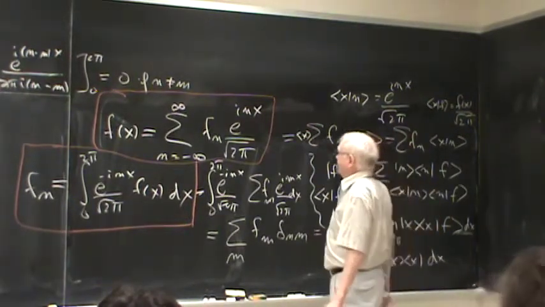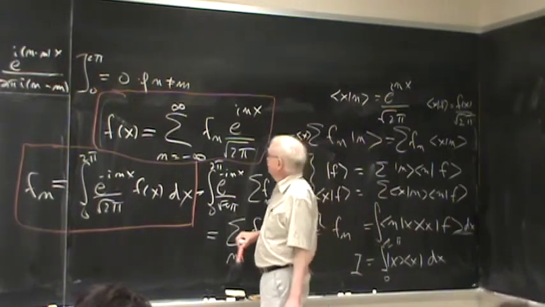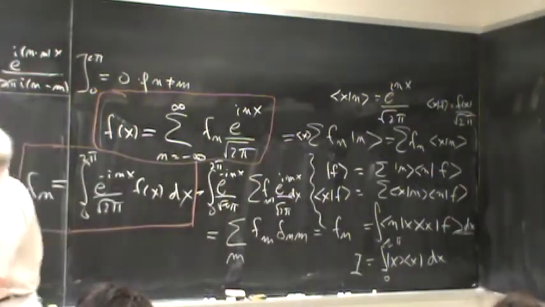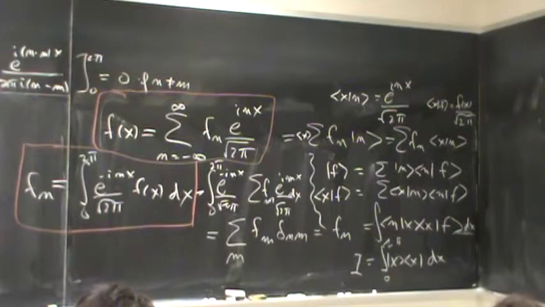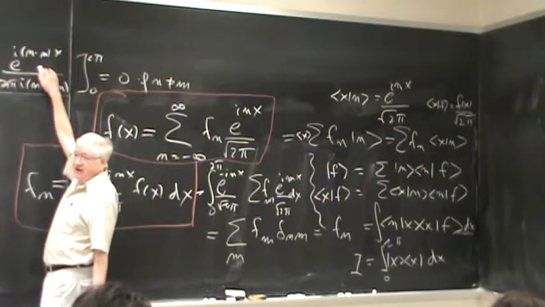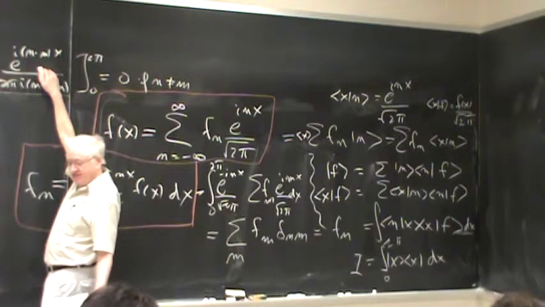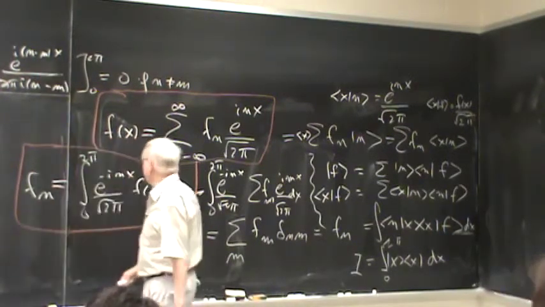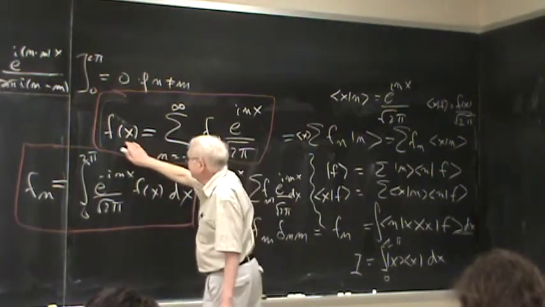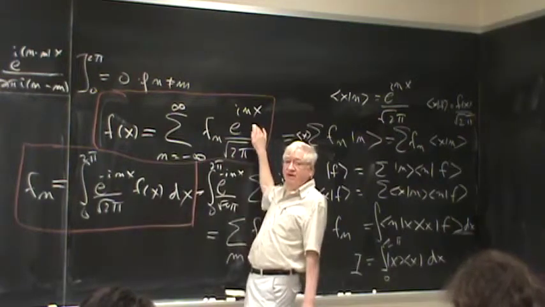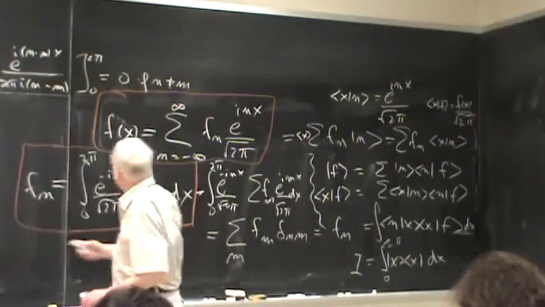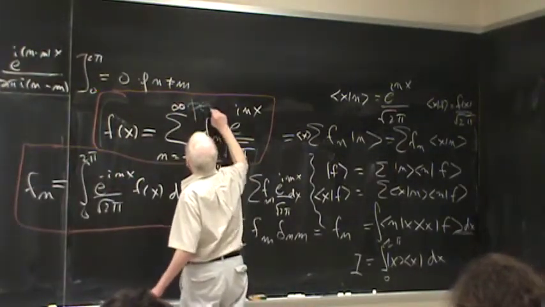Now, an important thing to mention at the outset is these functions, e to the i n x, are periodic functions, and that's why we had this orthonormality relation. It was the fact that these phase factors are the same. e to the i n x is the same at x equals 0 as at x equals 2 pi. If we write any function f of x in this form, the right-hand side is periodic.